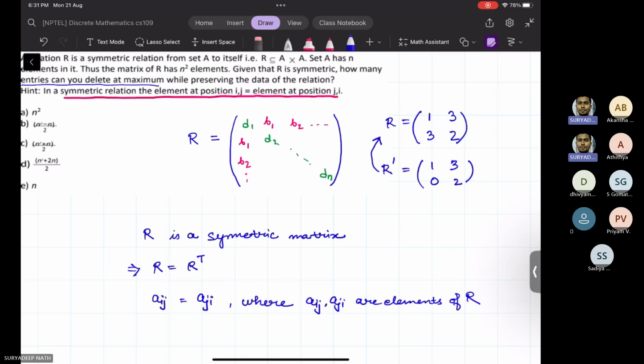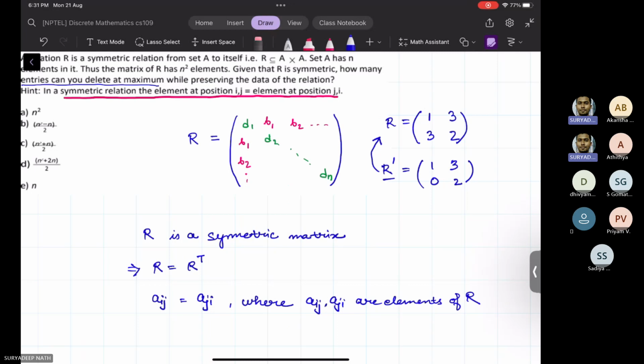I don't provide the elements of the lower diagonal while passing R. The benefit is that I'm passing on less information and thus saving memory. So I just send the user R prime and give the instruction that this is a symmetric matrix and only the upper triangular elements are present. So the user can reconstruct R easily.